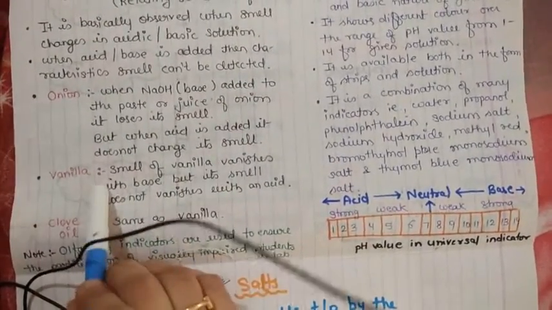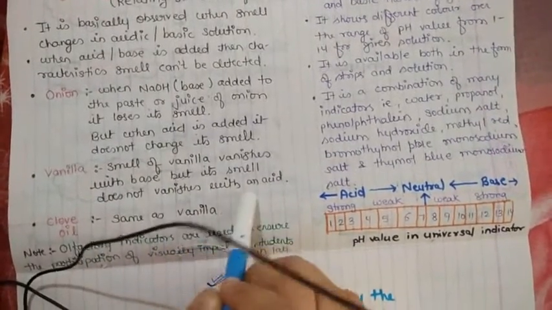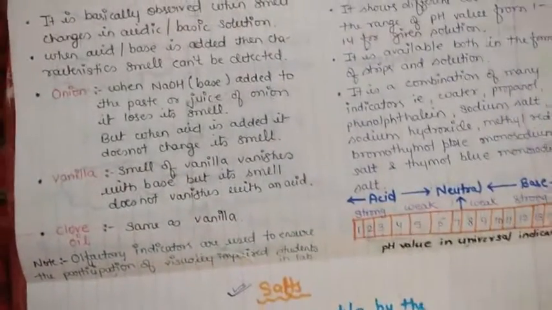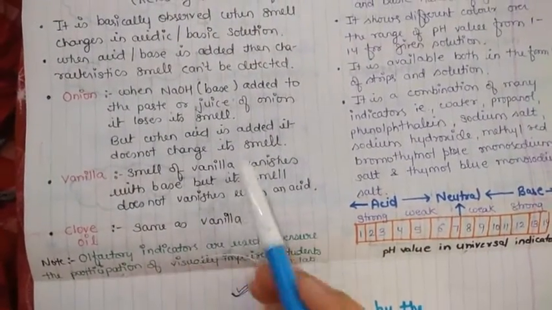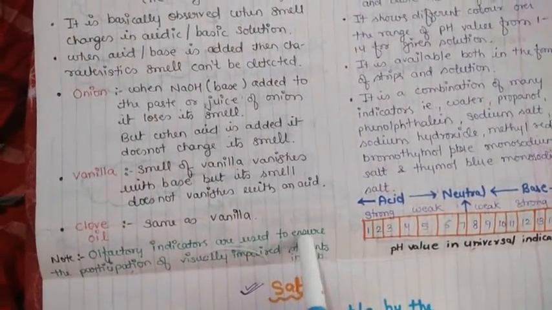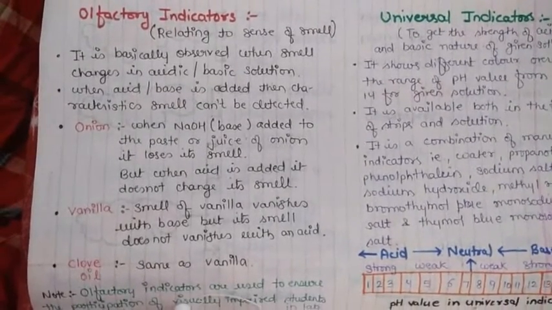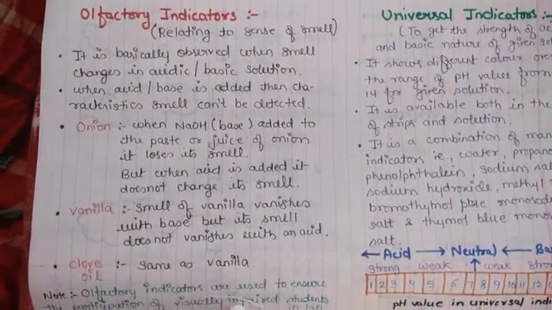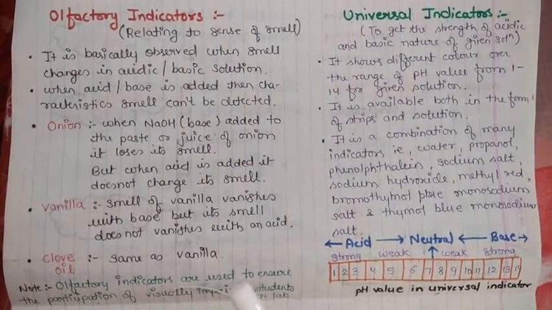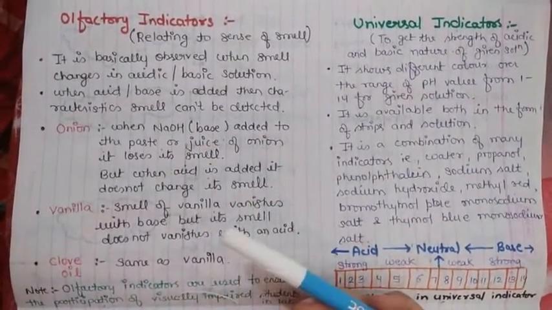In vanilla, the smell vanishes with base, but it remains intact in case of acid. Clove oil will be the same as vanilla and onion. That means olfactory indicators are very useful for those persons who are visually impaired. At the time of classifying acid and basic solutions, these indicators will help them.